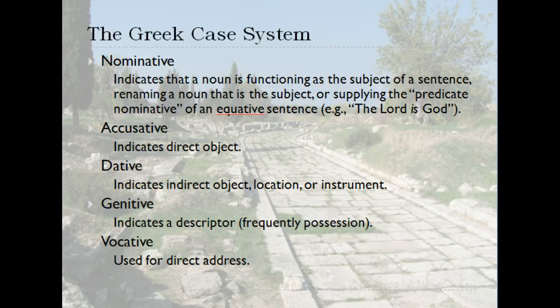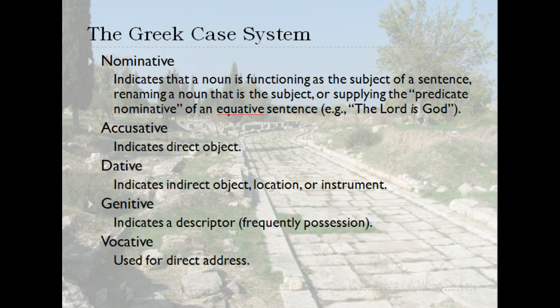So we would find nominatives on both sides of the word is. The Lord is technically the subject, and it will appear in the nominative case, but God is simply renaming the subject. And so the word for God in Greek, theos, incidentally, will also appear in the nominative case.